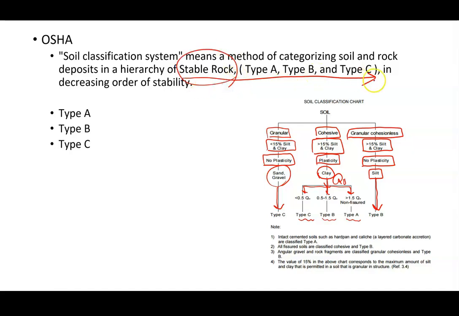Highest strength, lowest strength. This is the highest. With a decrease in stability, we have a stable rock, type A, type B, and then type C.